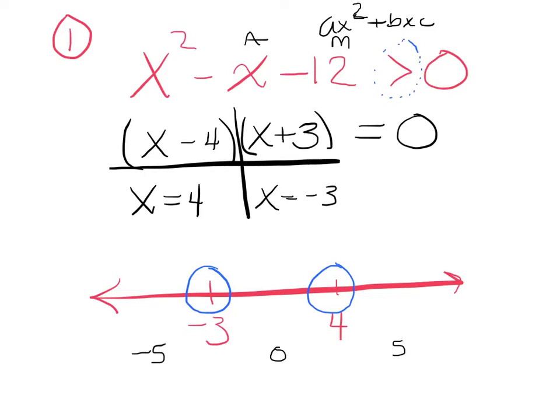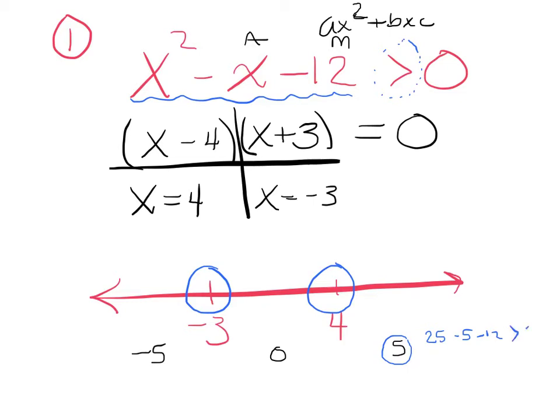Now, all I'm testing to see is whether I get a positive or a negative answer. That's all I'm doing. So let's start with the number 5. If I plug 5 back into this original here, do I get a positive or a negative? Well, I'm going to get 25 minus 5 minus 12. Clearly 25 minus 5 is 20, minus 12 is 8.